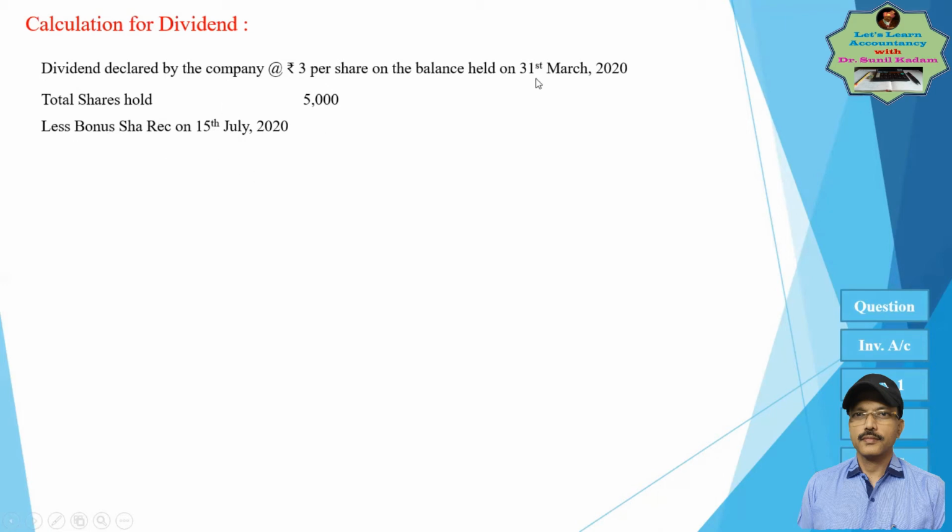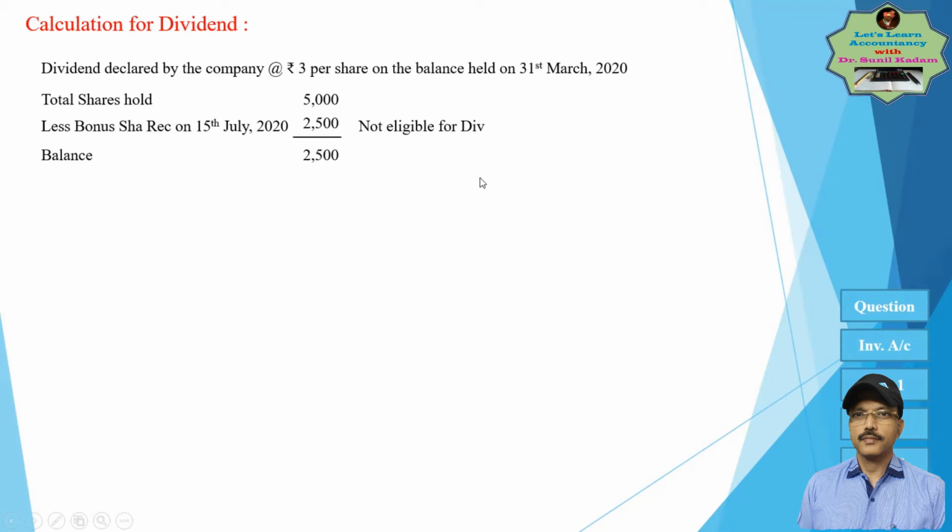The date of the dividend is 31st March, and the bonus was issued later. So obviously, these 2,500 bonus shares which we received are not eligible for a dividend. So dividend will not be received on these 2,500. We have deducted them, so the balance available, 2,500, is eligible for dividend, right?